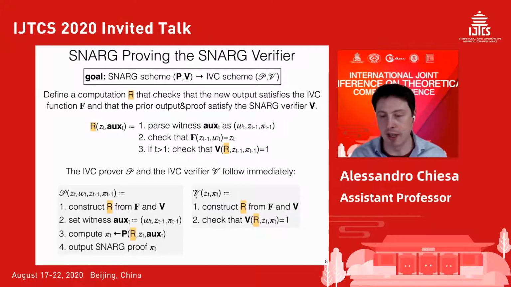The IVC verifier also is similarly straightforward. You construct the recursive computation from the state transition and the snark verifier, and then you just run the snark verifier, checking that on this computation, this was a correct and accepting input. Okay? So from a syntactic standpoint, this is basically the crux of the construction from going from a snark scheme to an IVC scheme.